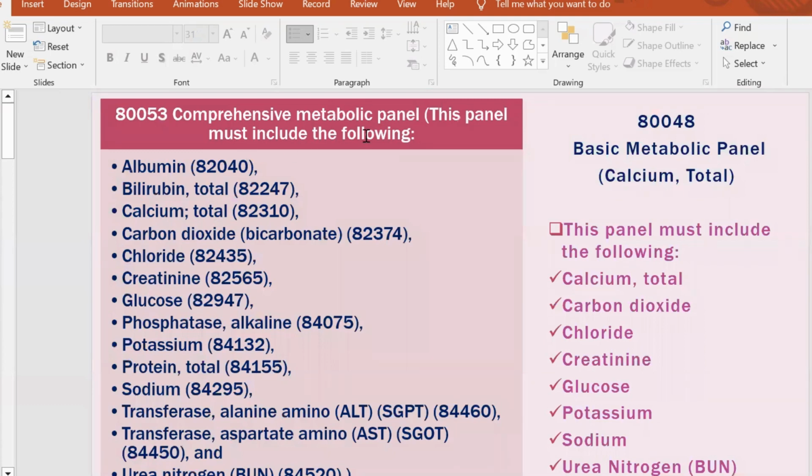And this is the comprehensive metabolic panel, which includes all these codes. 80,048 is the basic metabolic panel, which we have studied before.